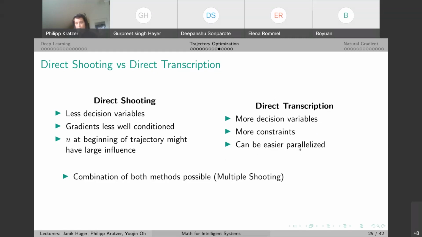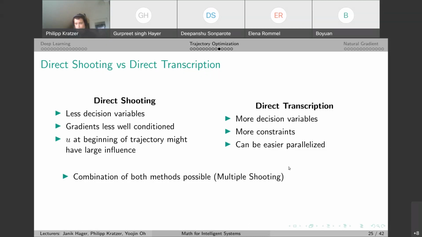But one advantage is that it can be more easily parallelized, because all the constraints can be computed in parallel, and we don't depend on computing from one time step to another in order to compute one of the dynamics constraints. Direct shooting is often used when we have a good initial condition of the problem.